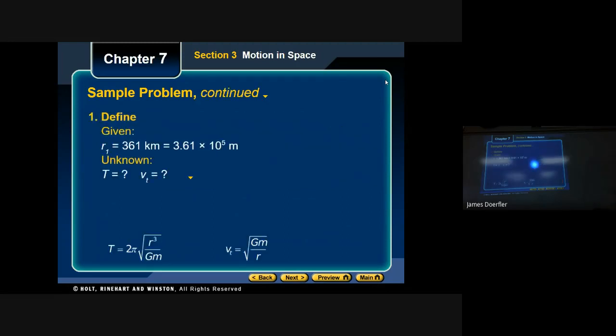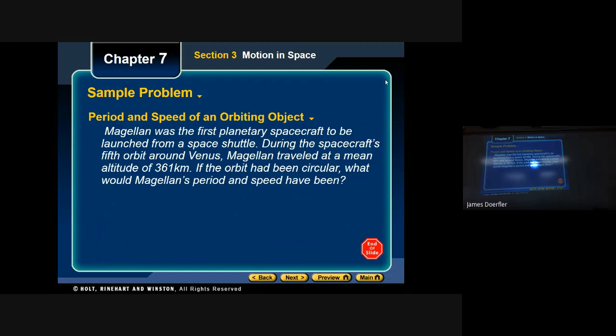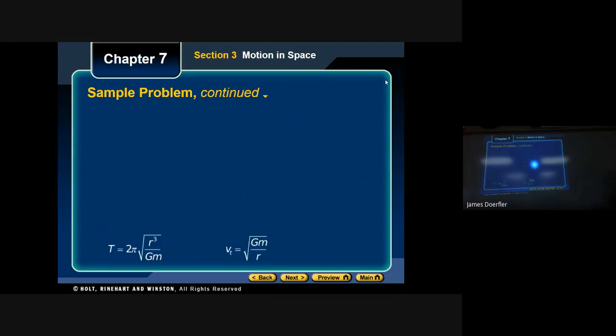So, what do we know? We know that the distance between Magellan and Venus was 361 kilometers. We need to make sure that our distance is presented in meters for your calculations, so we convert that to 3.61 times 10 to the 5th meters.